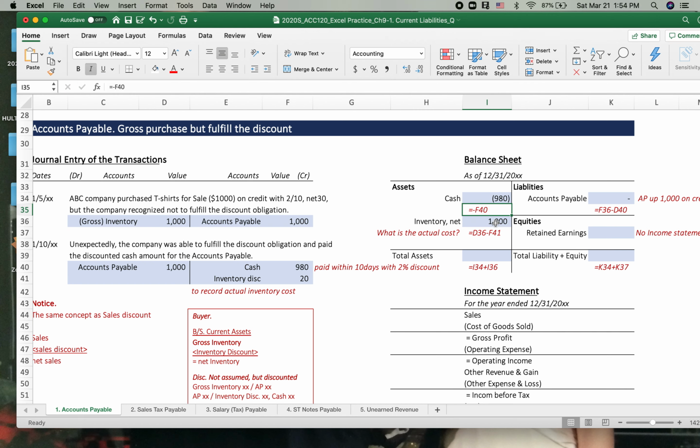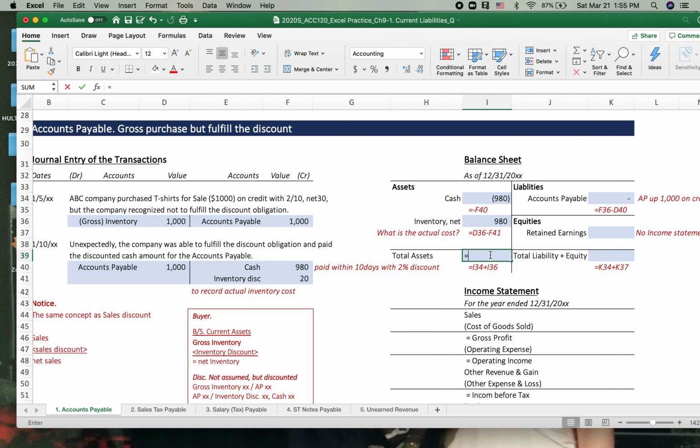Then inventory discount is a contra account that reduces the companion account. So gross amount was $1,000, now minus 20. That's a contra account of asset, which is why we record it on the credit side.